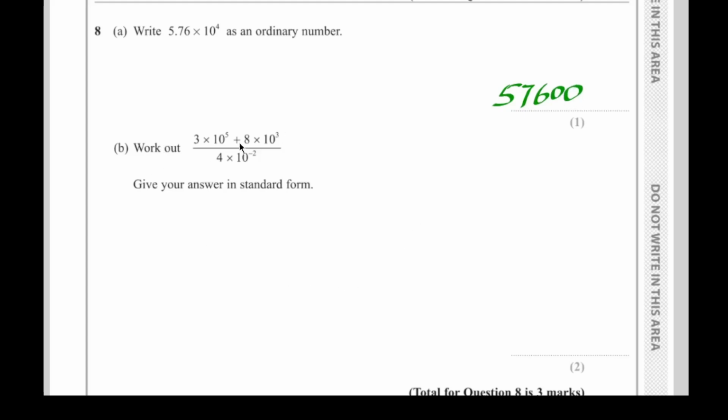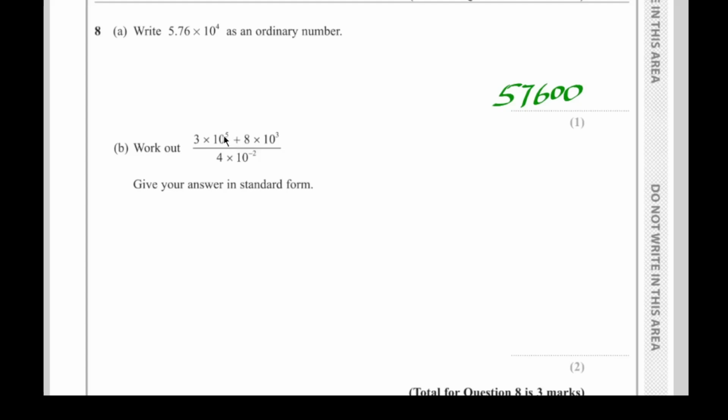This one, part B, 3 into 10 to the power of 5 plus 8 into 10 to the power of 3 divided by 4 into 10 to the power of minus 2. There are a lot of ways that we can do. If you want, you can use the calculator. If you are using the calculator, it is still fine because this is a 2-mark question.